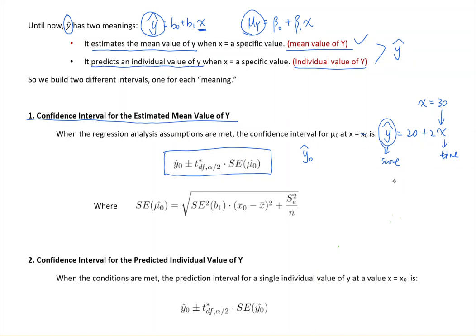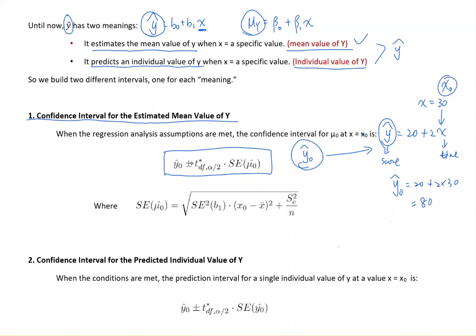So Y hat equals 20 plus 2 times 30, which is 80. So this 30 is our x0, and when you plug in the value of x0, the corresponding Y hat is y0 hat. You just plug the x value into your regression and get the corresponding Y hat. This Y hat is based on x0, so we call it y0 hat.